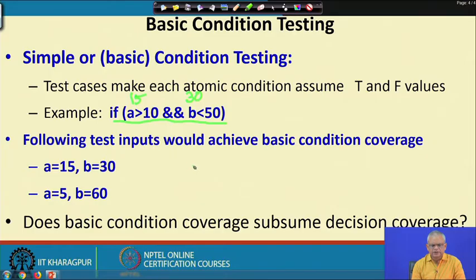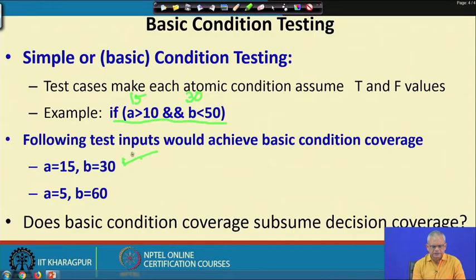And therefore, our first test case is a is 15, b is equal to 30. So, this is test case 1, which will make the two sub expressions true. Now, we need another test case which will make both the sub expressions false.